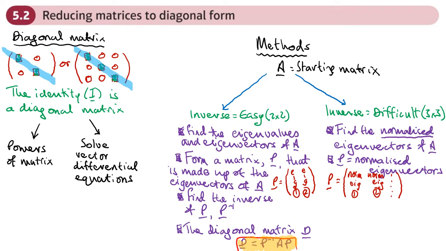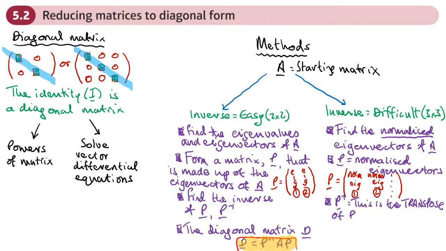Now the reason why we'd use this method is that we don't need to find the inverse of P, we need to find something called PT, and PT is the transpose of P. This is something you would have done in Core 1 as part of the method of finding the inverse of a 3 by 3 matrix.